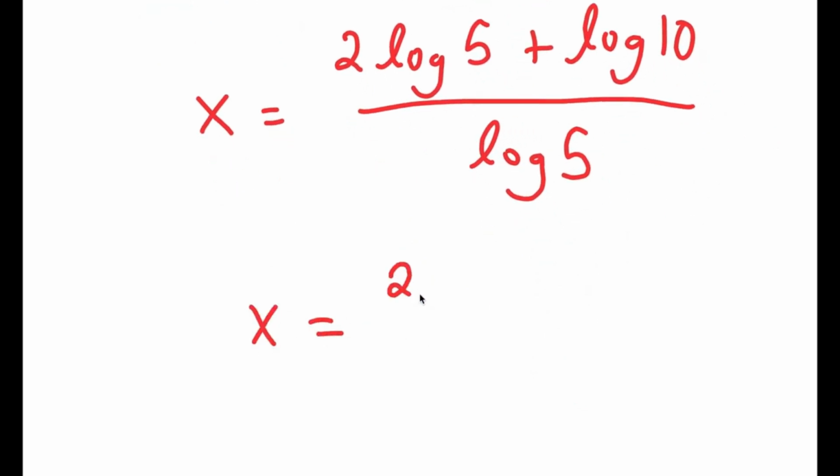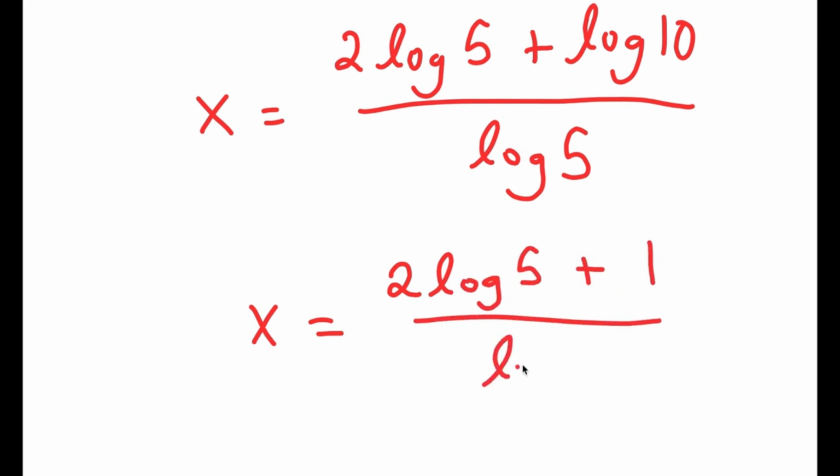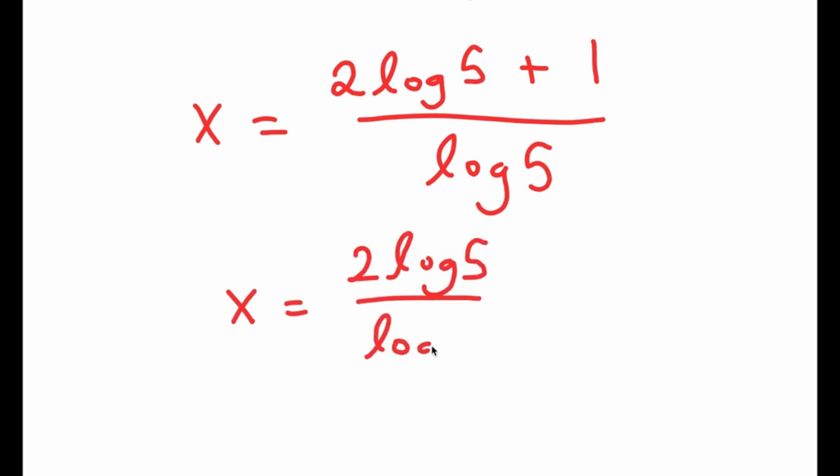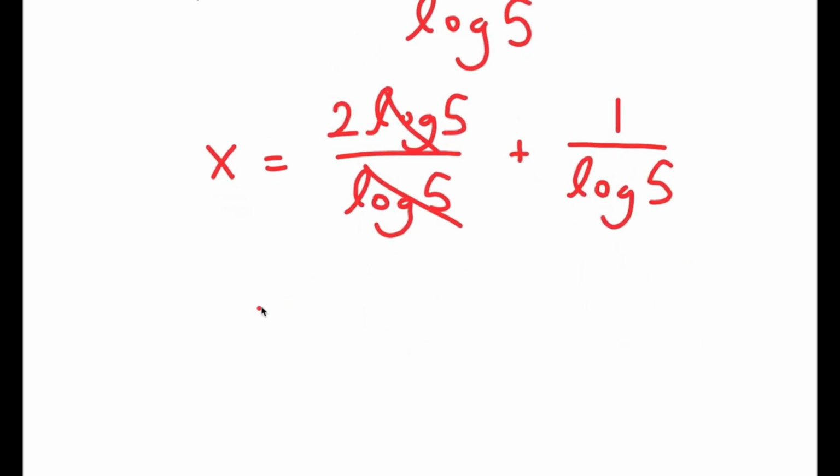So now I get x is equal to 2 times log 5 plus 1 over log 5. And this is the same thing as 2 times log 5 over log 5 plus 1 over log 5. Now these two log 5s cancel out, so I get x is equal to 2 plus 1 over log 5.